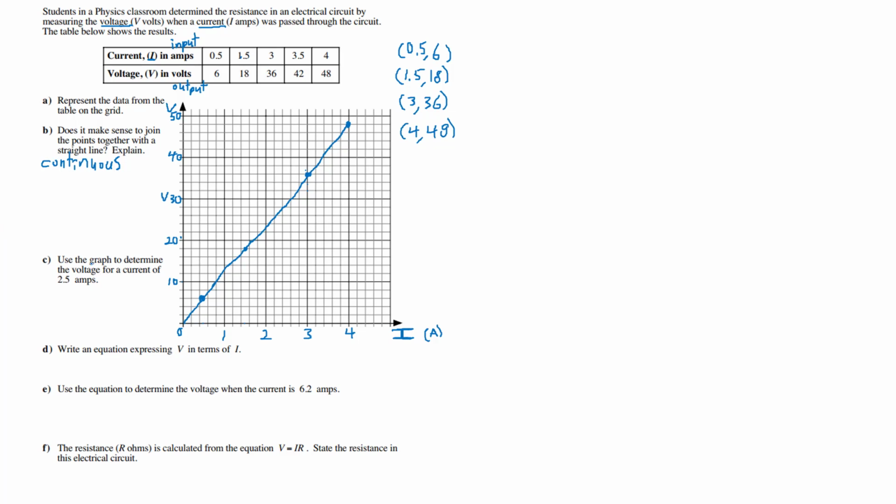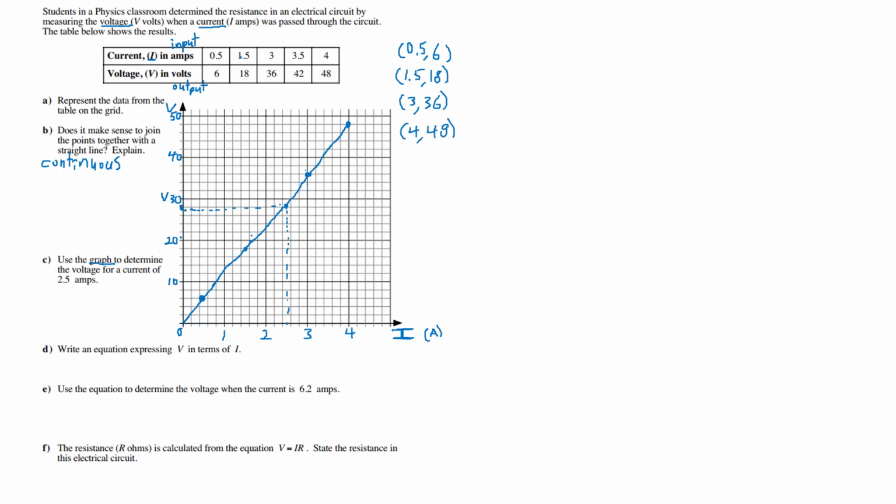Now, use the graph to determine the voltage for a current of 2.5 amps. So we've got 2.5 right here. I'm going to trace that up just using the graph, not an equation, to here, and bring that on over. It should be at about 28, according to this graph.